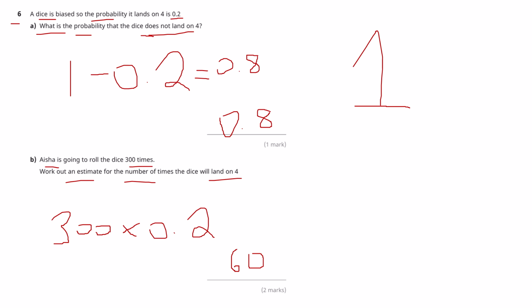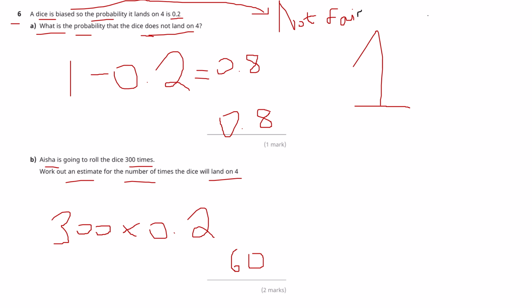Last point I should mention, guys, the word biased in maths means not fair. It means it's skewed, so it is favored towards one outcome. On a fair six-sided dice, the probability that it lands on a 4 is 1 out of 6, because there are 6 numbers.